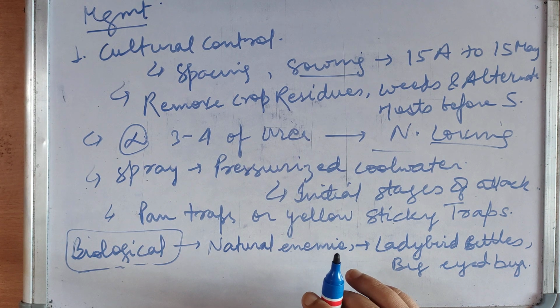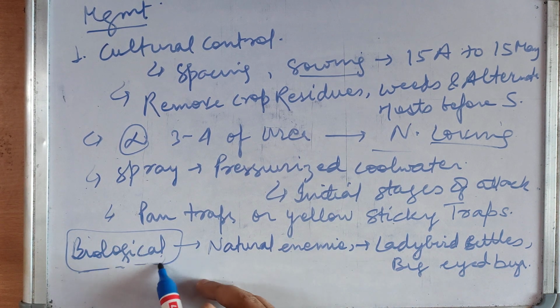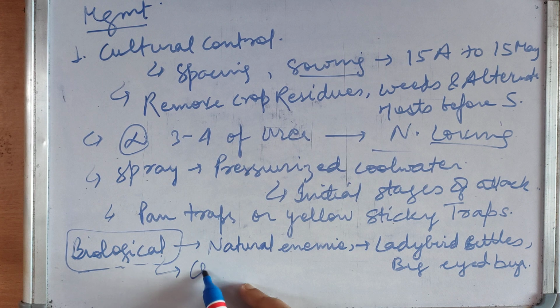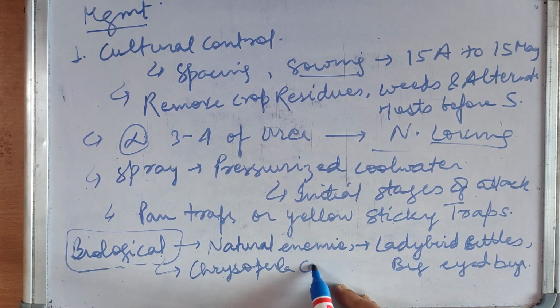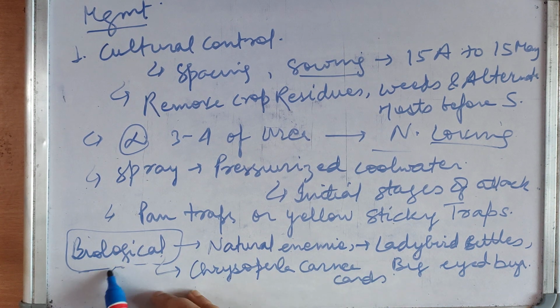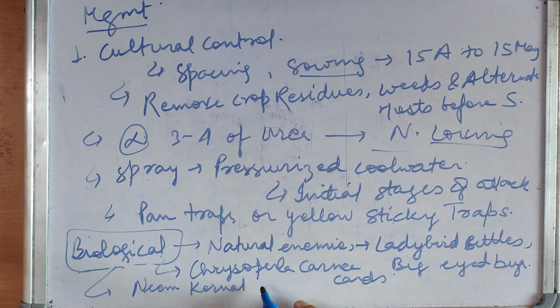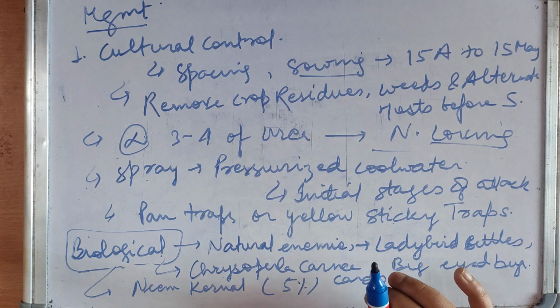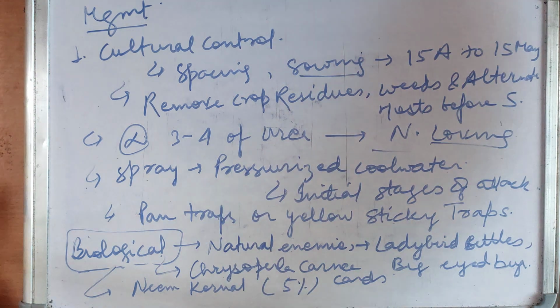We will use Chrysoperla carnea cards. We can also do a botanical spray of neem kernel extract, around 5%. So this is the biological control. Now moving on to chemical control.